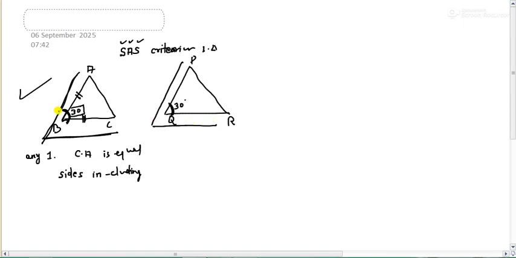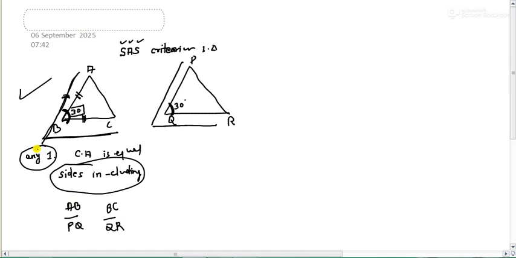So if one angle is equal and the sides including this angle, this is very important, for example here AB, here PQ, and here BC, and here QR, are proportional, then we can say these two triangles are similar.